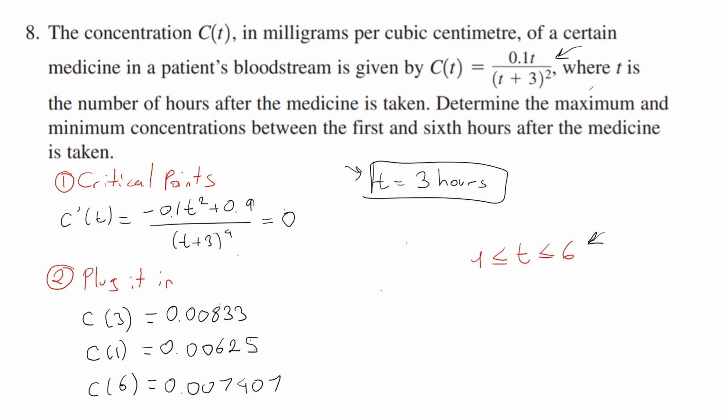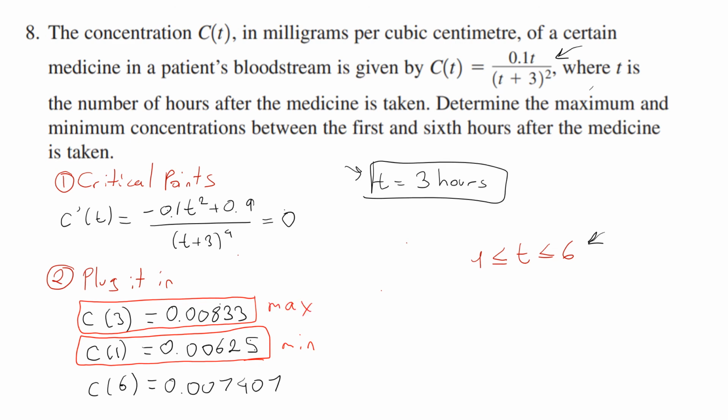When I plug into my calculator, I see that my minimum value is right over here with a value of 0.00625. That would be my minimum because that's the smallest value I get. And the largest value I got is right over here with 0.00833, and that's going to be my maximum value.